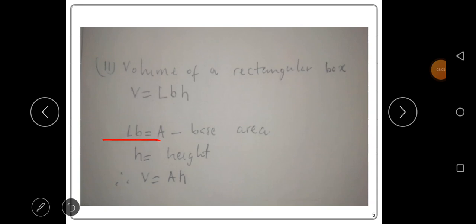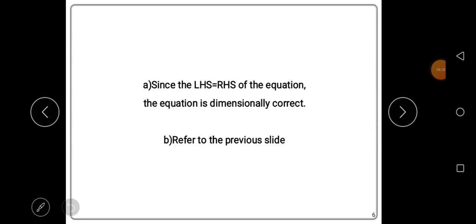So area is equal to LB. So we can tell that this LB is representing the base area. So since we already have the height in the equation, we can say that this equation can be written in the form of this equation. So at this point we are done with what the question required us to do. So we can conclude that for A, since the left hand side and the right hand side of the equation are equal, then the equation is dimensionally correct.